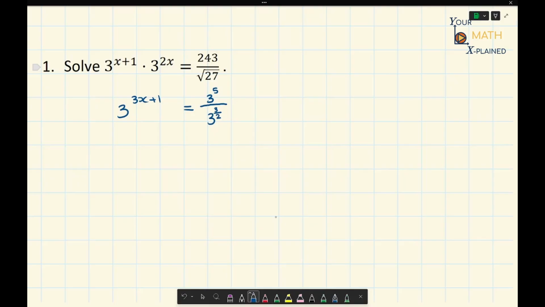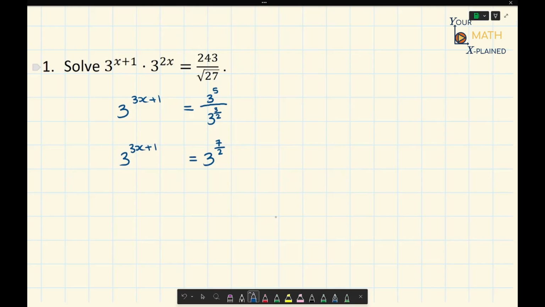Now the next thing we need to do is use the quotient law to rewrite the right-hand side. So that ends up being 3 to the power of 5 minus 3 over 2, which gives us 7 over 2. And then the left-hand side stays the same.